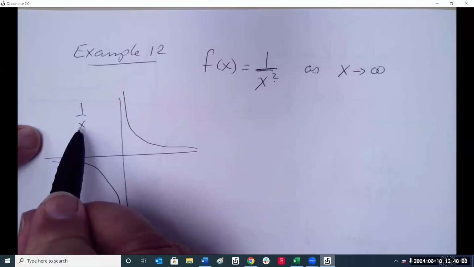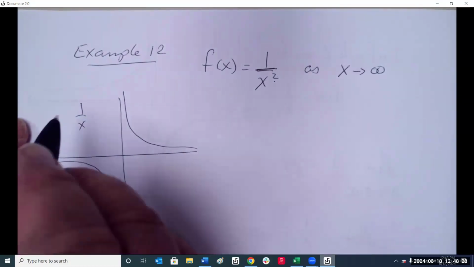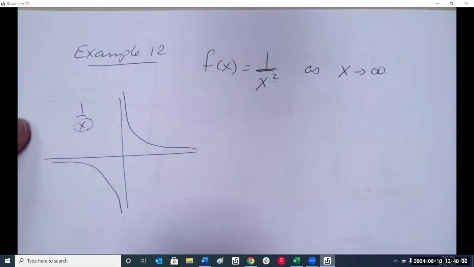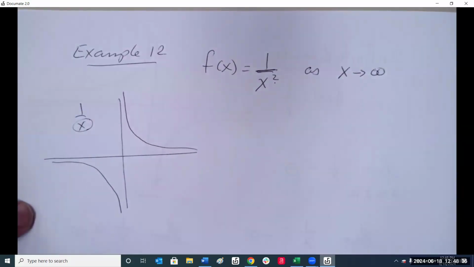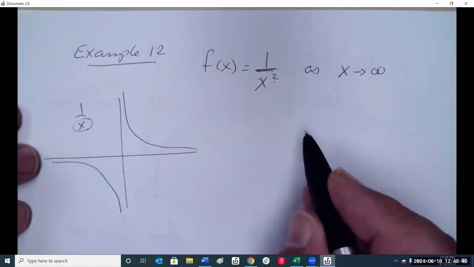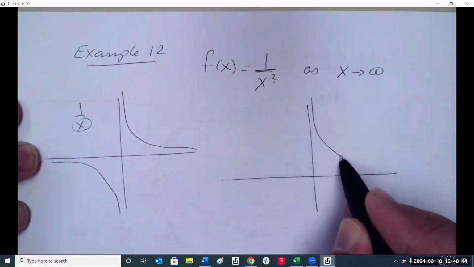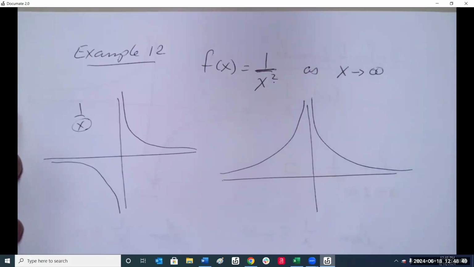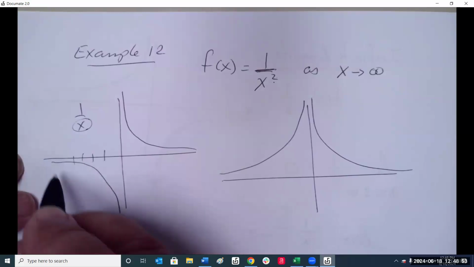So why does it look like this? Because what happens to x if it's positive? Answer's positive. If x is negative, the answer's negative. Can this one ever be negative? If you square a negative, x can be negative, but if you square it, it becomes positive.